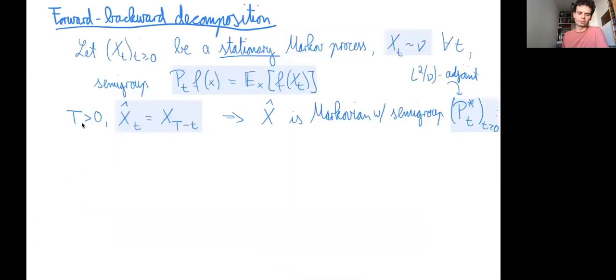So the way to go beyond that is the forward-backward decomposition. The idea is to revert time once, and this will, in our case at least, get rid of both of these problems quite elegantly.